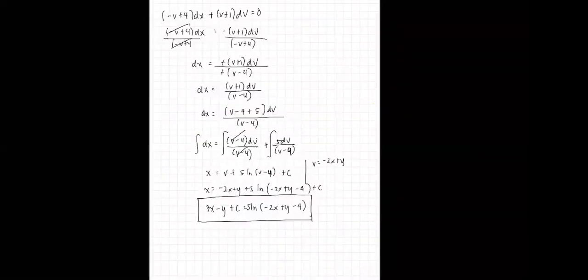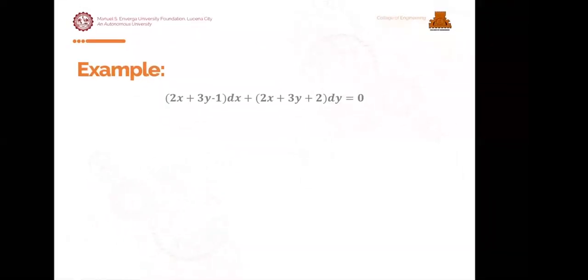Okay? Another example for this problem. We have 2x plus 3y minus 1 dx plus 2x plus 3y plus 2 dy equals 0, okay? So, equation 1 natin. So, pag chinek natin parehas yung A and B niya, so alam natin parallel agad siya, no?